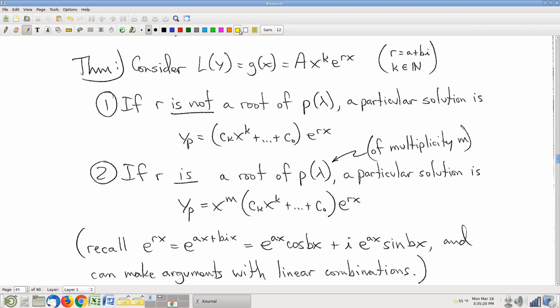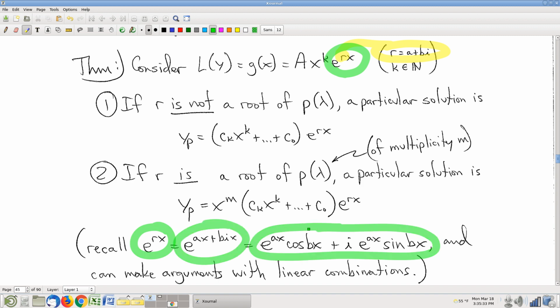Specifically, this r is a complex number. And remember that when you have e to the power of a complex number, you multiply that whole thing out and apply Euler's formula, and you get exponentials times sines and cosines. Okay, now, still not exactly the same form that we saw back in chapter 4, but it's pretty close, and in fact, linear combinations arguments can fill this in.